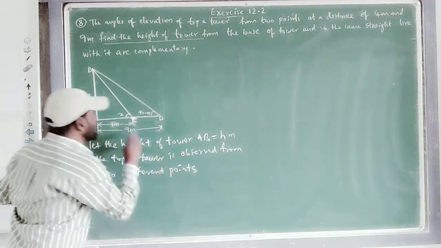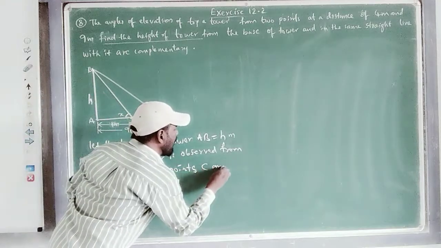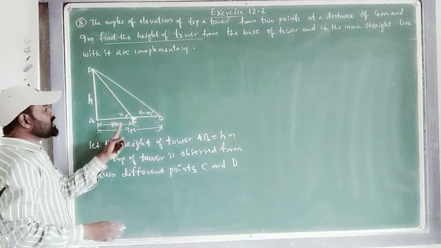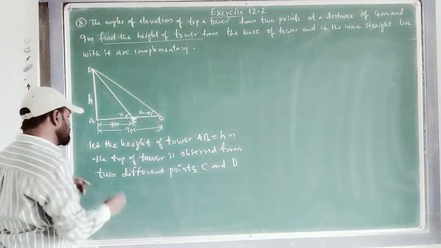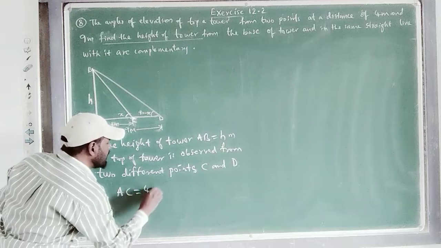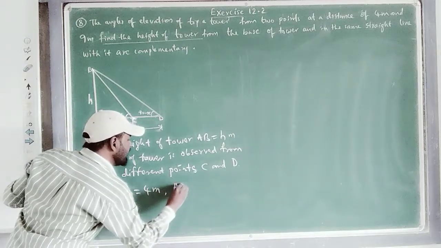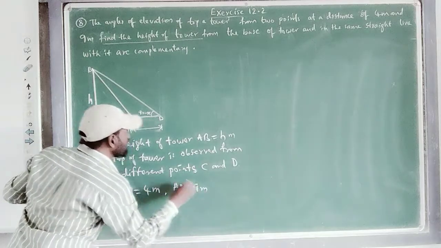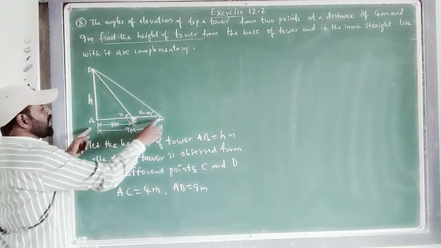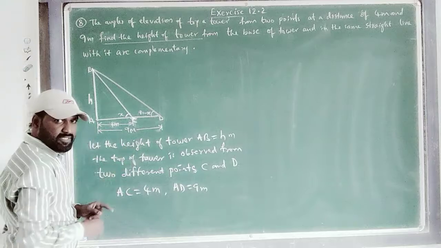So those points we are taking as C and D. One point is at 4 meters distance, another point is at 9 meters distance. So the 2 distances AC is 4 meters and AD is 9 meters. From C it is observed, which is 4 meters distance. From D it is observed, it is 9 meters distance.